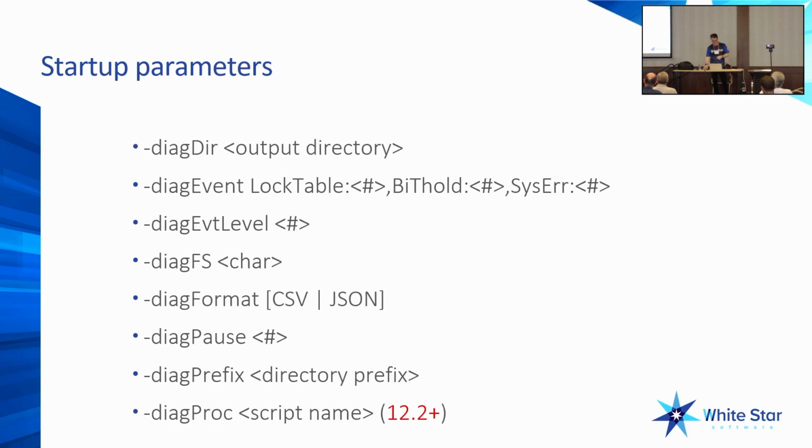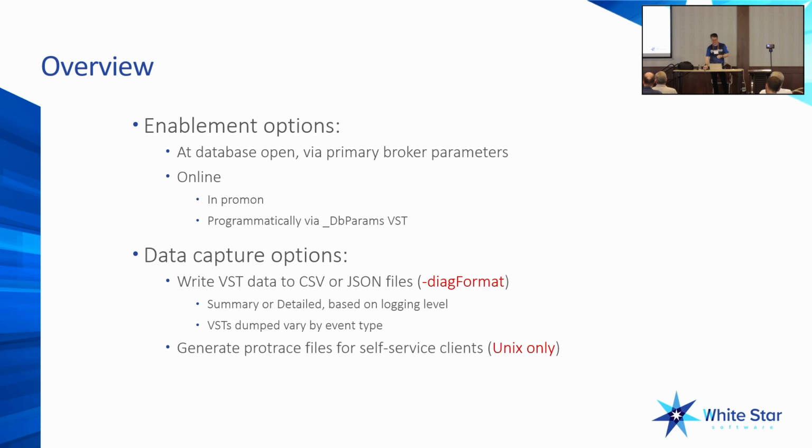And we've got a bunch of startup parameters that we can use with this feature that determine how it works, although we don't have to enable it with startup parameters. We can do it online as well, and I'll get into that in a bit.